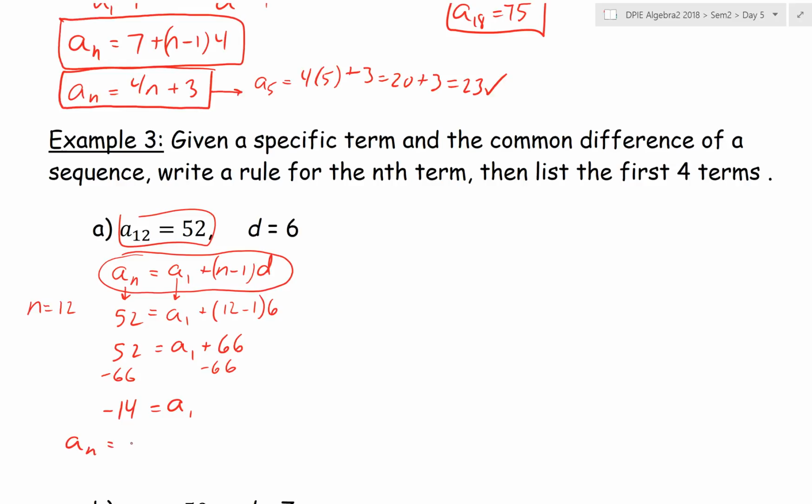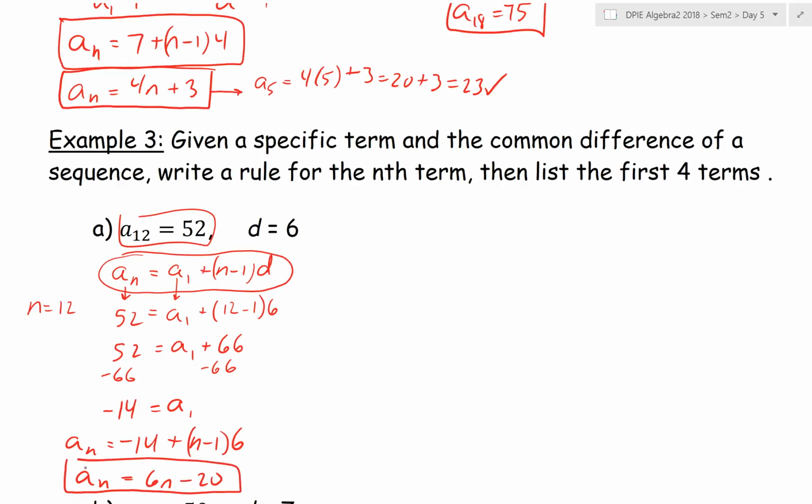A sub n is equal to negative 14 plus n minus 1 times 6, which could also be written a sub n is equal to 6n minus 20.